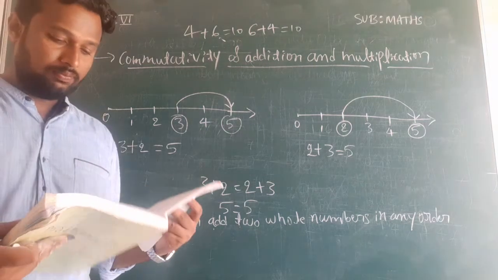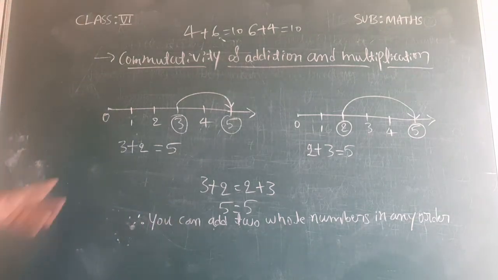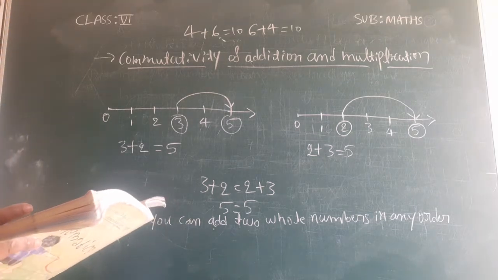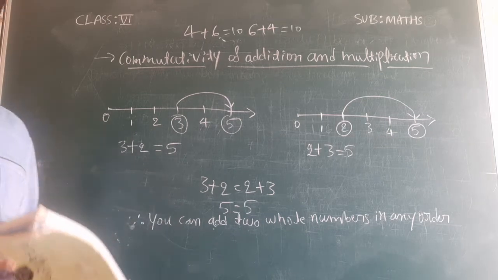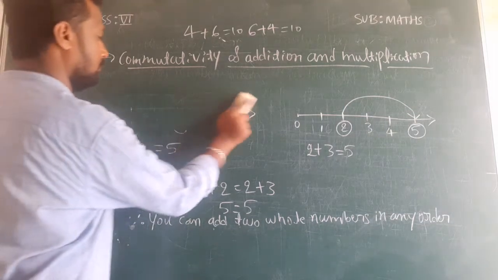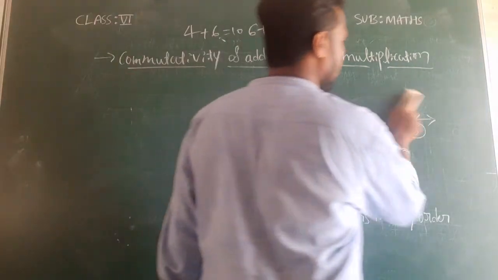Now the next one, this is related to addition. Write this example and this sentence also. Now I will discuss commutativity of multiplication. Pause the video and write this example.